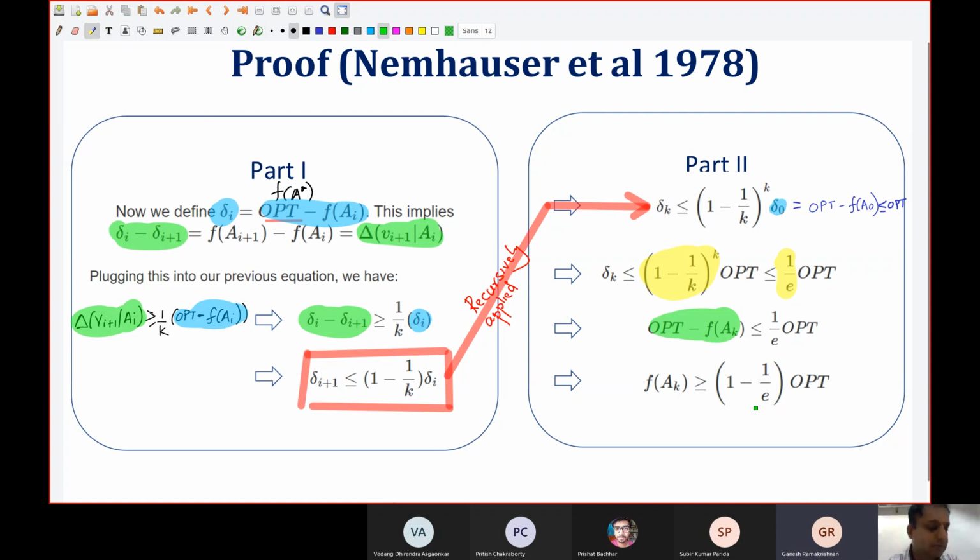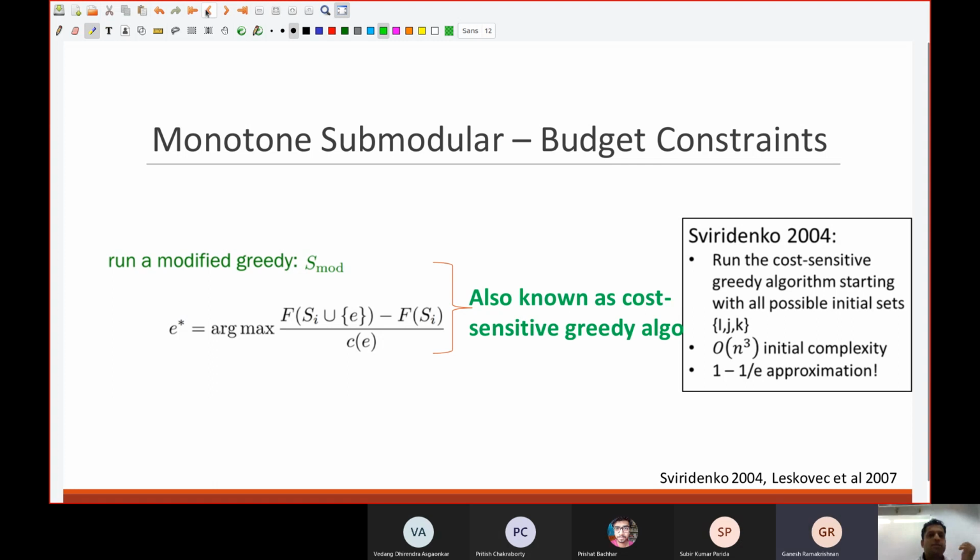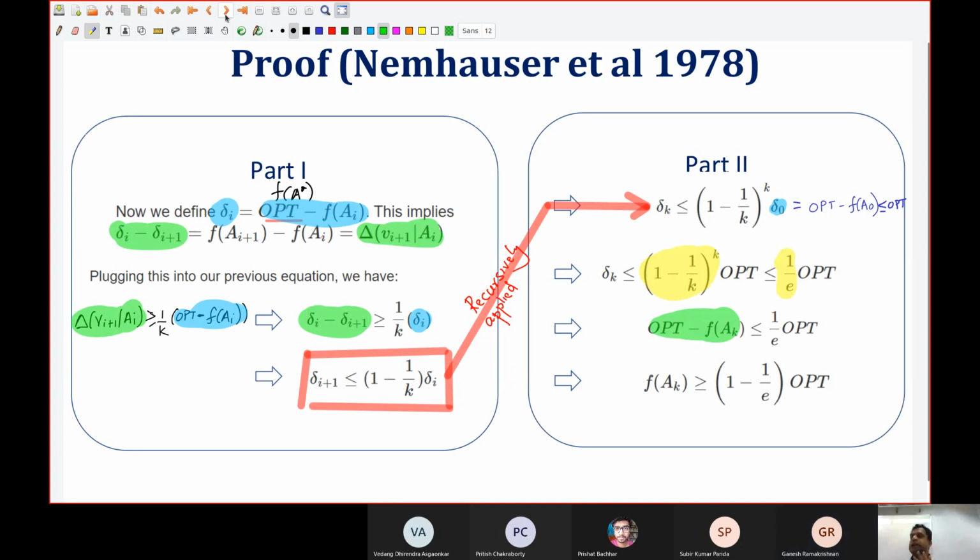Any questions? Okay, so this is monotone submodular function with greedy algorithm giving you at least 1 minus 1 over e, at 0.63 times the opt.